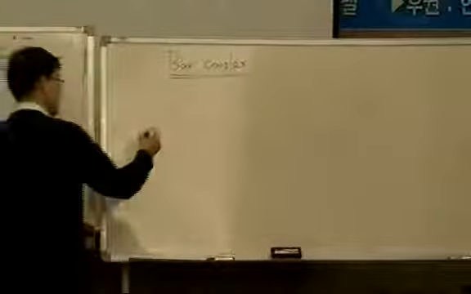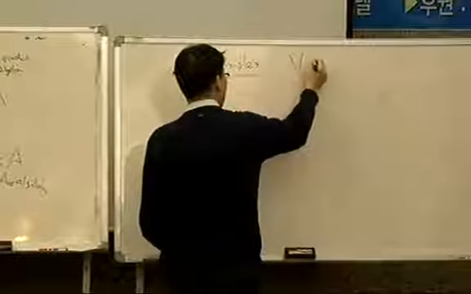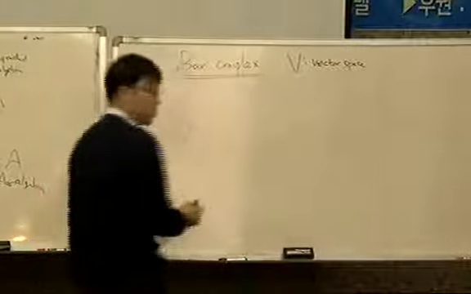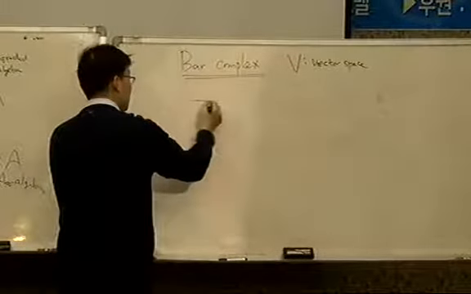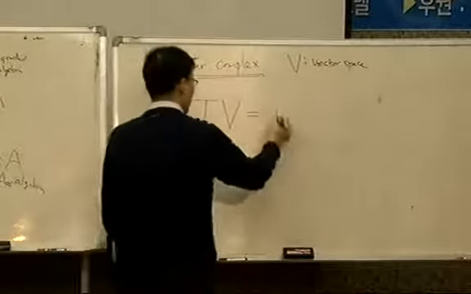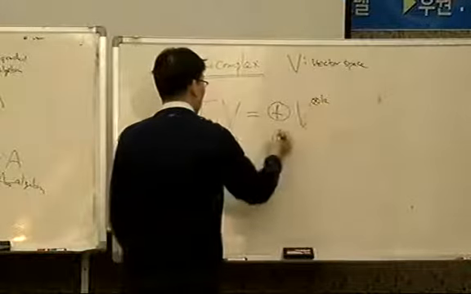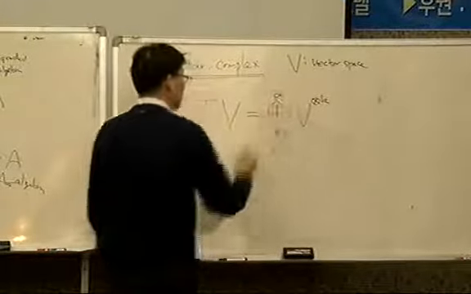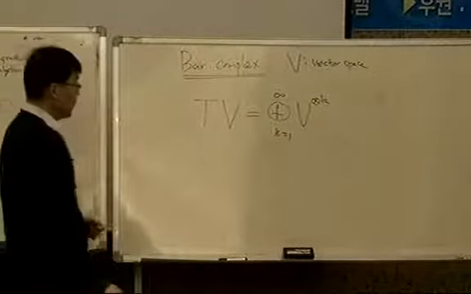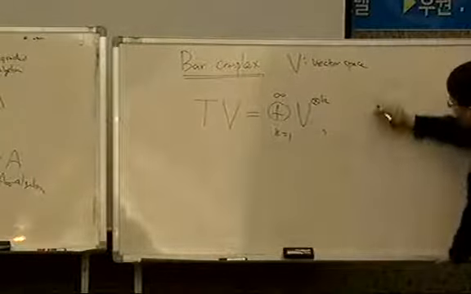This is nothing but, if you have V as a vector space, then you just look at all tensor products. And this is actually what is called a coalgebra.